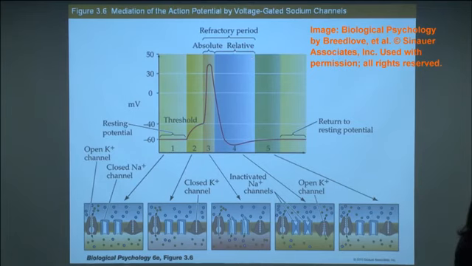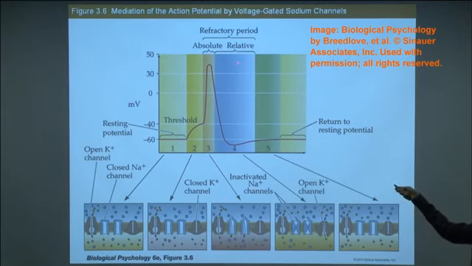The absolute refractory period happens in this relatively short period right here. In this time, there's no way you can do like a double action potential here. All your sodium channels are being used for the single action potential. No more sodium channels to be activated to get a double potential. This is the absolute refractory period. No possibility for another action potential.